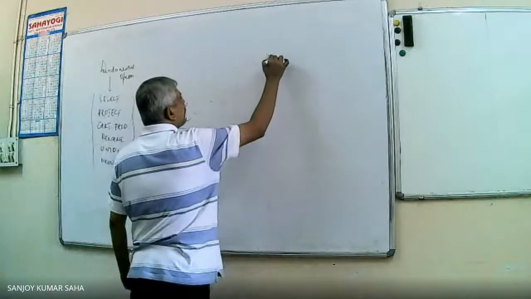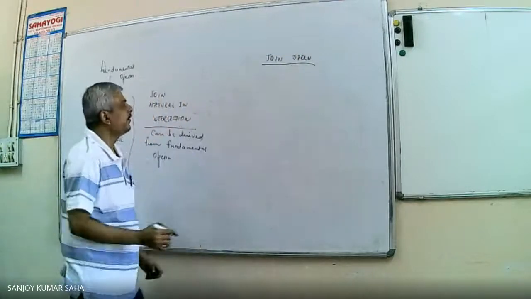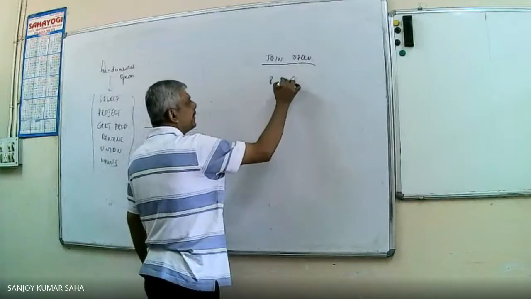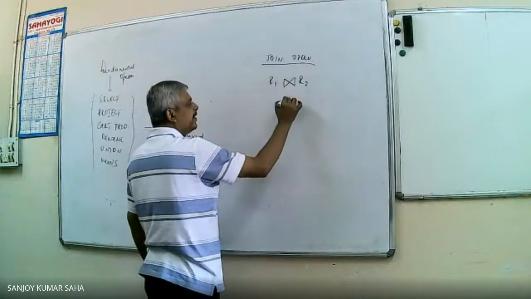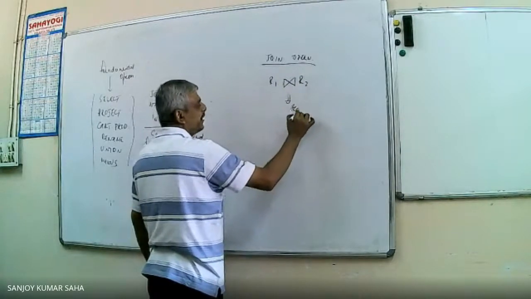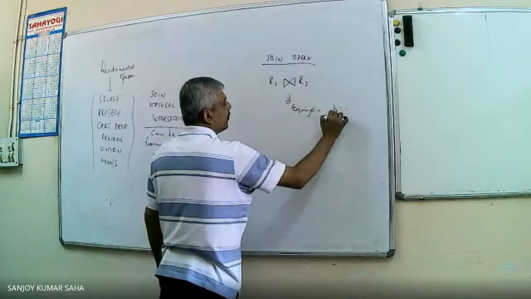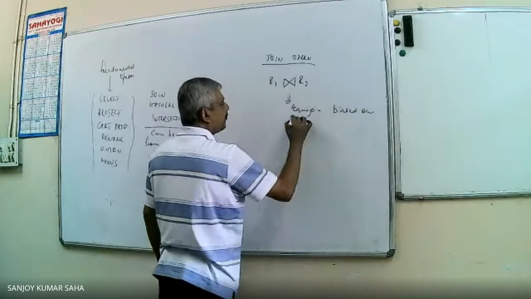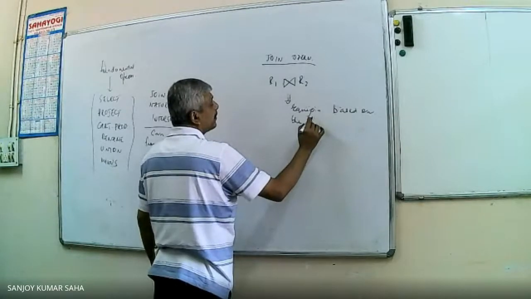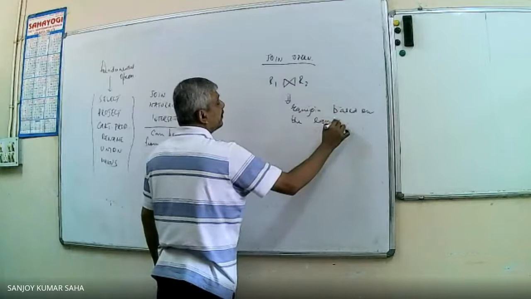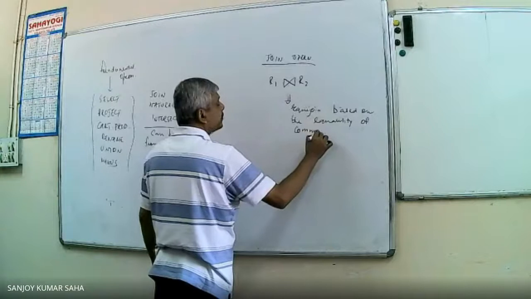Now see, in case of join operation, if we write it without any predicate, then assume it is an equijoin based on the equality of common attributes.